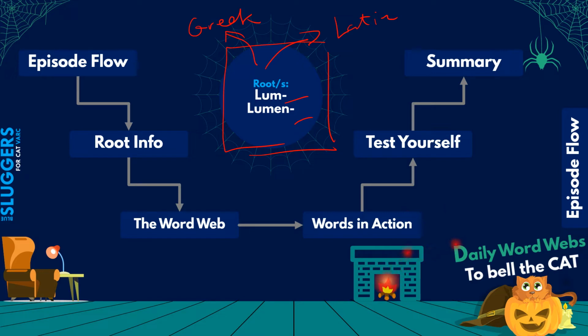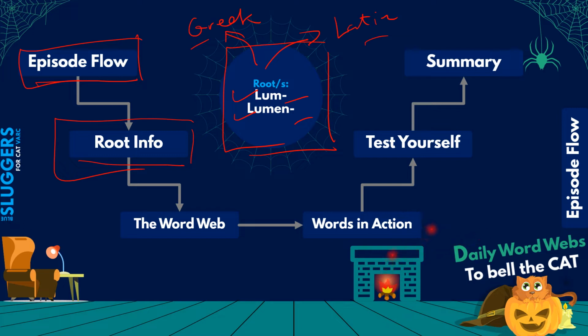And then examples भी हम लोग आगे देखेंगे इस सेशन में. मैं आपको यहाँ पे सिर्फ एक बार फ्लो बता रहा हूँ कि what will be the flow of the whole episodes here. We'll start, like, obviously episode flow वाला आपका ये slide है. उसके बाद we'll move on to the next slide where I'll give you more information about the particular root, कि ये कौन सी Greek में से लिया गया है, Latin में से लिया गया है, किसी और language में से लिया गया है, and then what does it mean, what did it use to mean in that language, and how has its meaning developed or evolved over the years, so far as its use in words of English language is concerned.